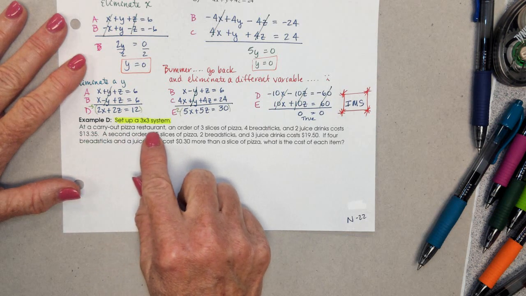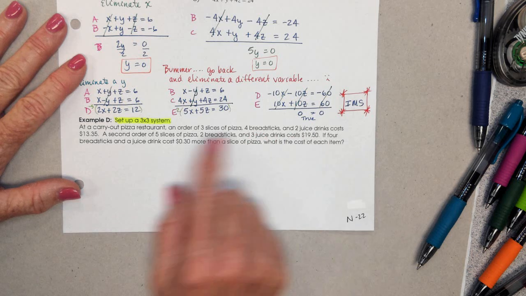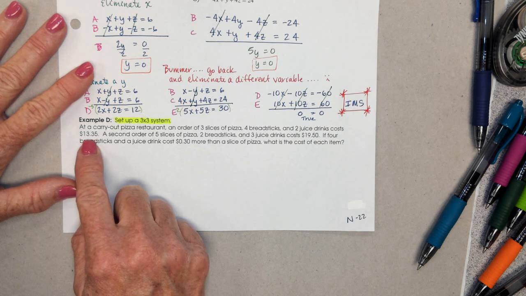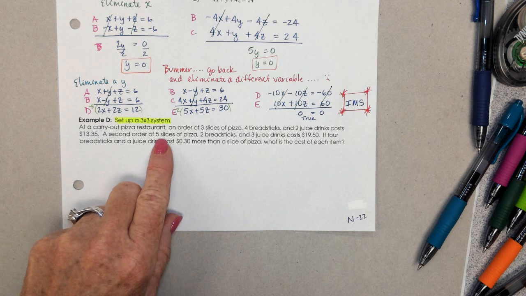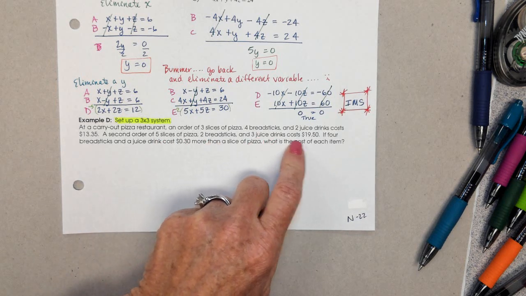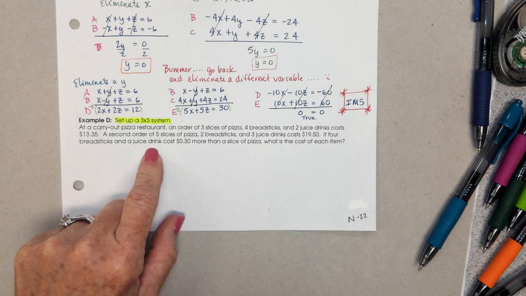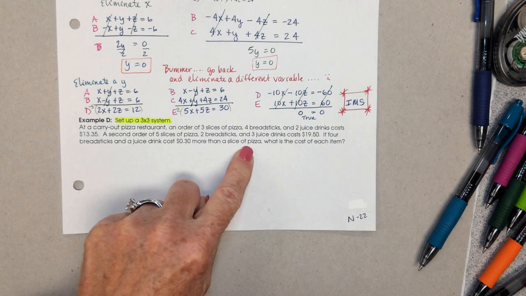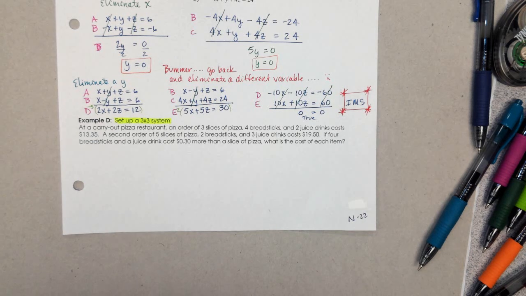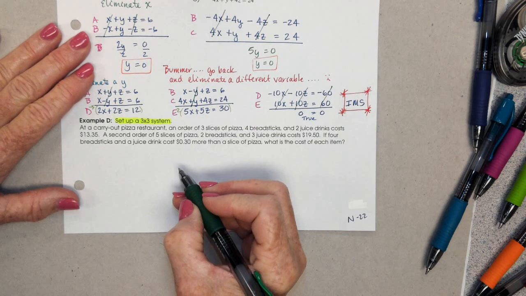At a carry-out pizza restaurant, an order of 3 slices of pizza, 4 breadsticks, and 2 juice drinks costs $13.35. A second order, 5 slices of pizza, 2 breadsticks, and 3 juice drinks costs $19.50. 4 breadsticks and a juice drink cost 30 cents more than a slice of pizza. What's the cost of each item? Oh my goodness. Is your head spinning? Don't let it spin. It's not that bad, really.